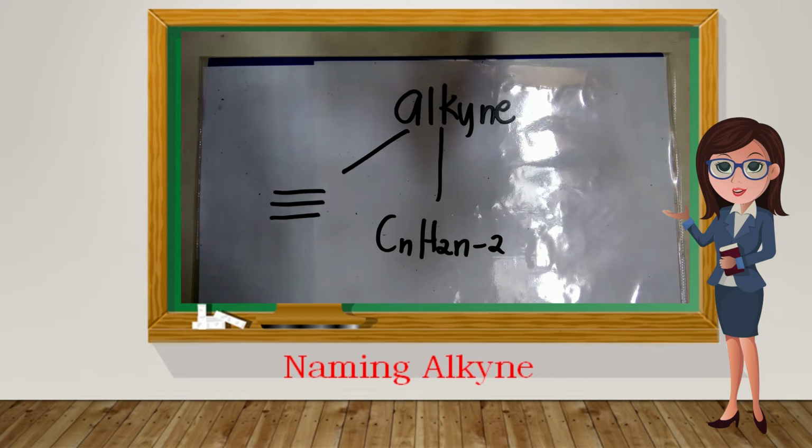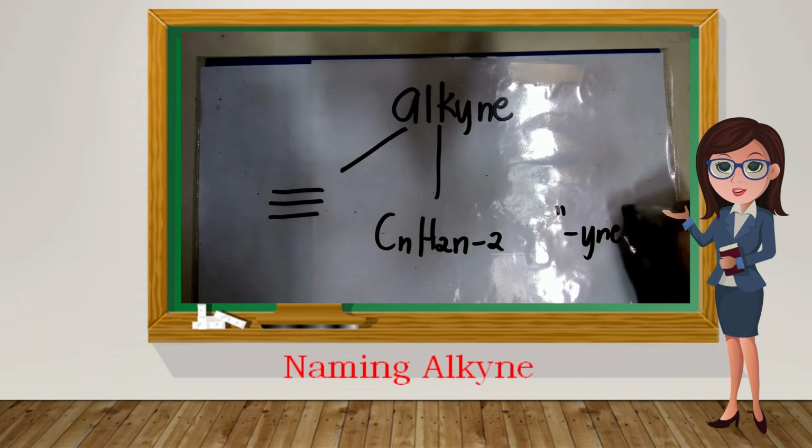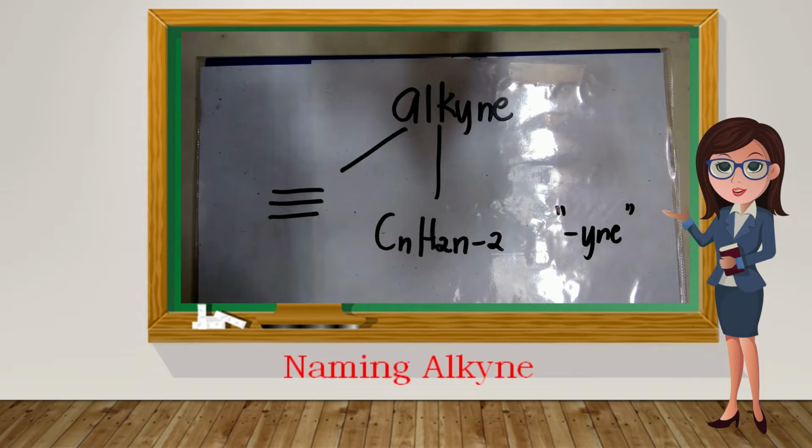A straight chain alkyne is named by adding the suffix -yne to the stem of an alkane.